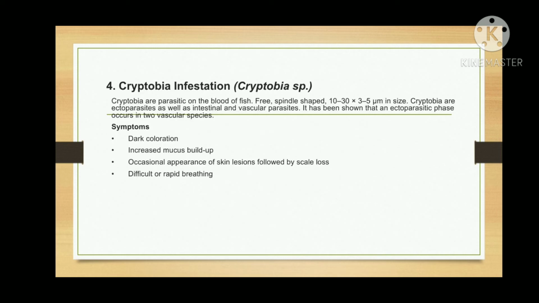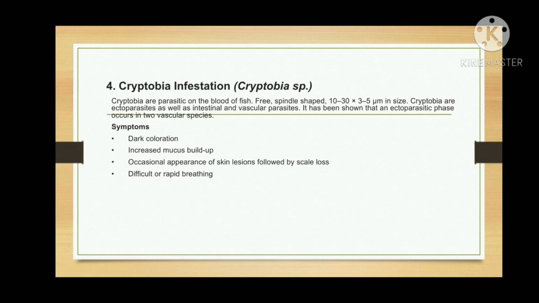Cryptobia infestation. Cryptobia are parasitic on the blood of fish. Free spindle-shaped Cryptobia are ectoparasites as well as intestinal and vascular parasites. It has been shown that an ectoparasitic phase occurs in two vascular species.